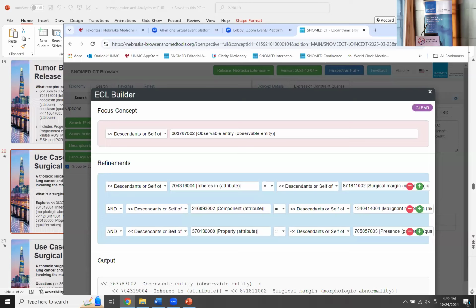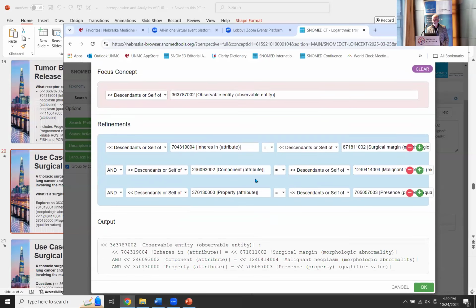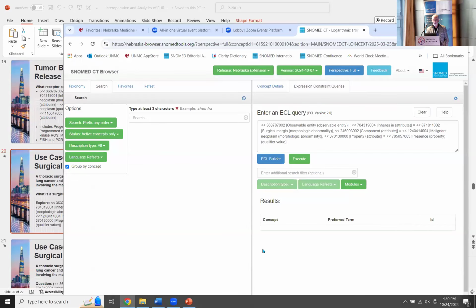That's valid as adheres in because it's an anatomical entity that was basically created by that cut surface. And we're looking for surgical margins that have a component of a malignant neoplasm. We're looking for the property of the presence. In other words, was it there or not? So let's see what we get when we execute this.